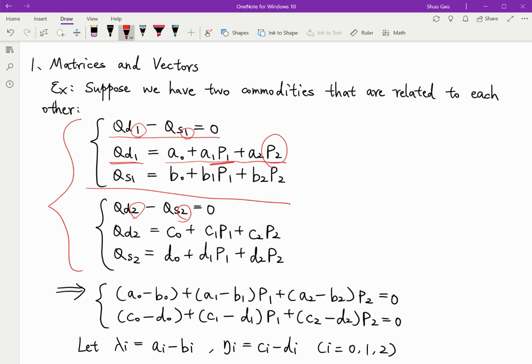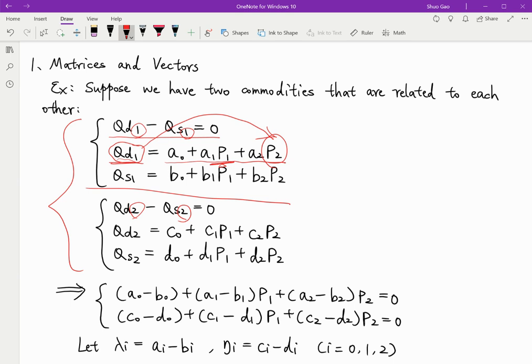That means the quantity of the first commodity is not only related to the price itself, that's P1, but also to the price of the other commodity. So they are related to each other. So the quantity demanded of the first commodity is also related to the price of the second commodity.